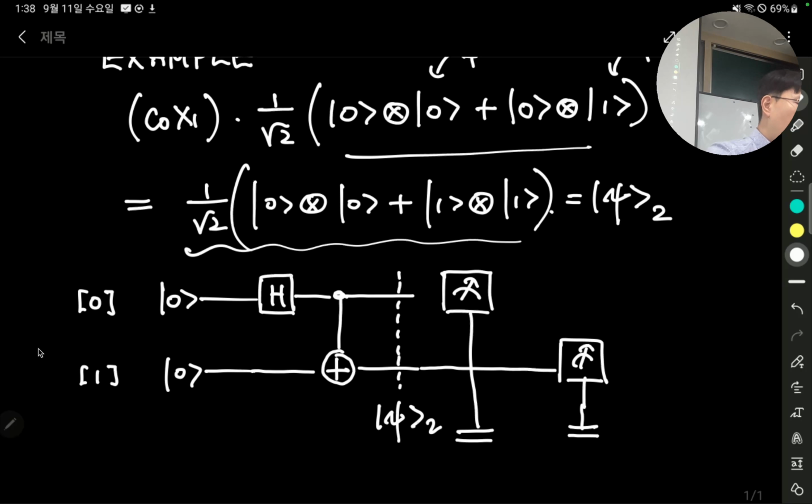There are equal chances that you can see 0 and 1. Let's say you pick 0 for the outcome. What will be the outcome of qubit 1 in this case? 0. Why can't you see 1 as an outcome for qubit 1?